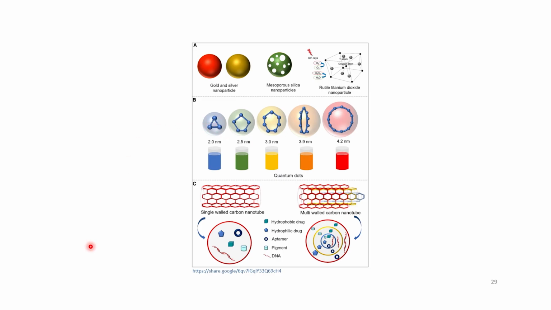You have the same quantum dot with differing numbers of atoms, and they can form different structures and will have different optical properties. You can see a smaller nanoparticle, a smaller quantum dot, is emitting blue light, and this bigger quantum dot with more atoms and molecules is emitting red light.